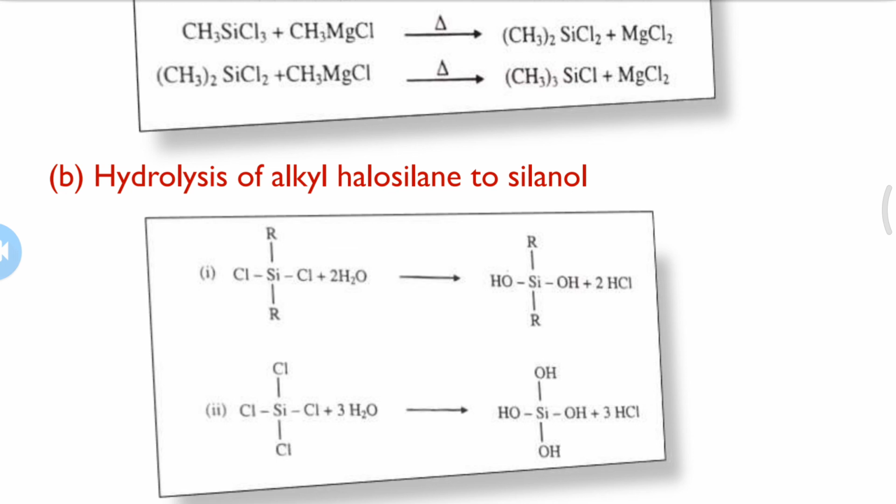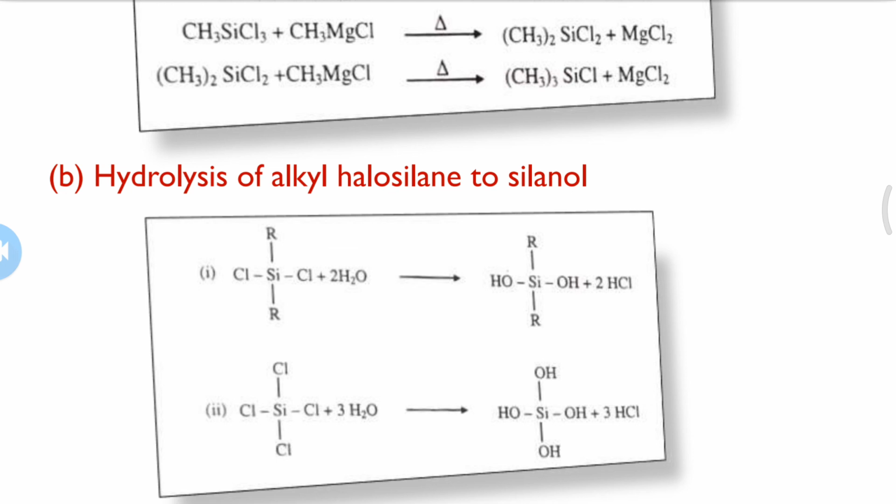In this second step, dimethyl silyl chloride is treated with water to form hydroxysilanol, meaning two alkyl and two hydroxy groups are formed.